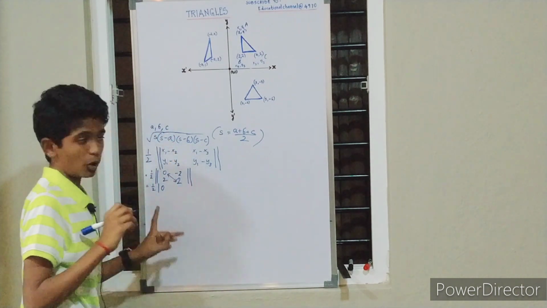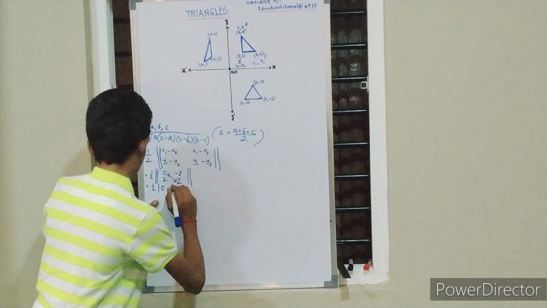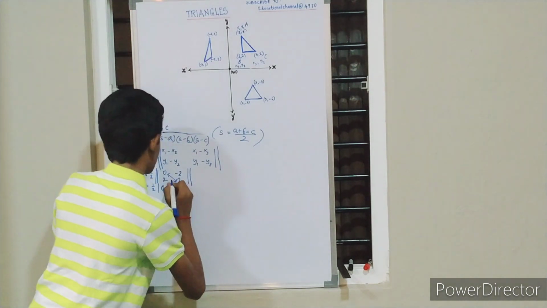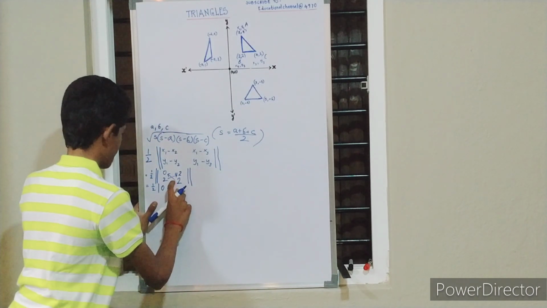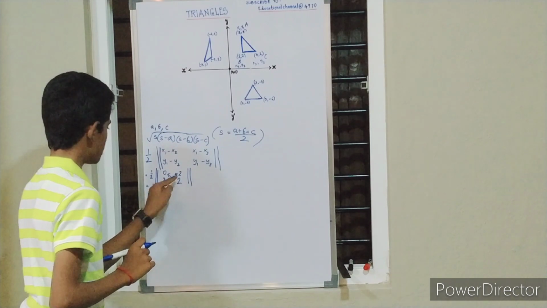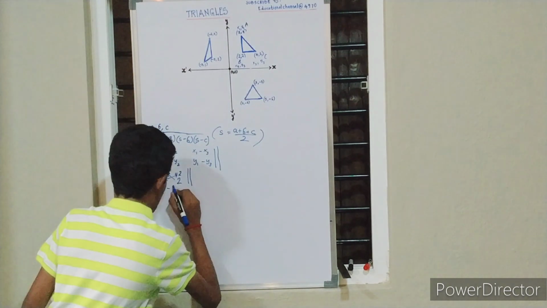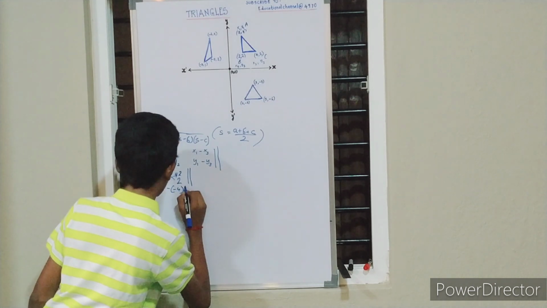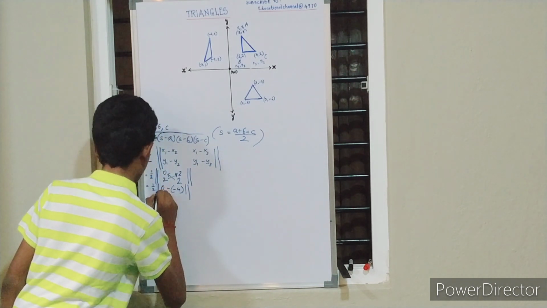Now automatically a minus will come here. And then this you have to multiply. 2 into minus 2, minus 4. Already you have a minus sign, so I am going to put another minus 4, and then again a modulus sign.